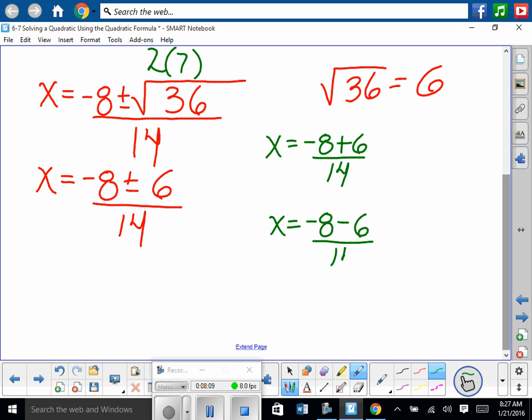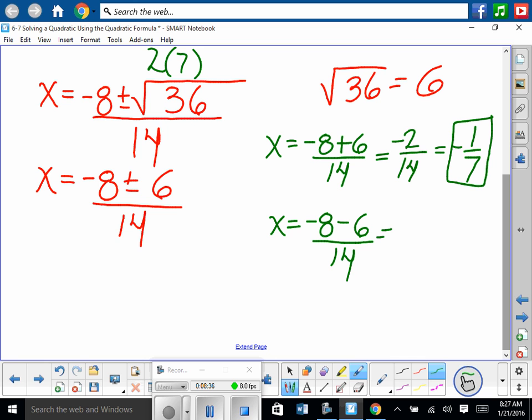Then you'll see, does that simplify? Well, let's look. Add up on top. Do negative 8 plus 6. So we really have negative 2 over 14, which is negative 1/7. There's one of our solutions, x is equal to negative 1/7. And then in this one, we'll do the same thing. So negative 8 minus 6.